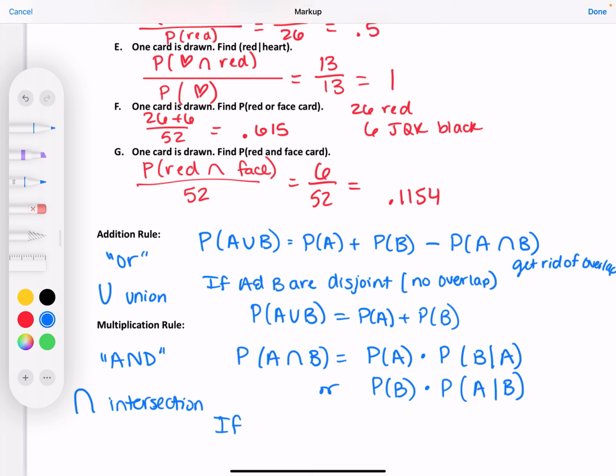If we know that A and B are independent, then the probability of A intersect B is equal to the probability of A times the probability of B.